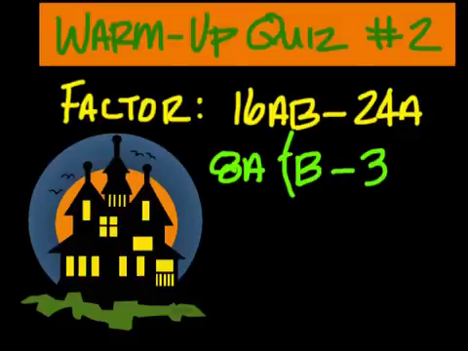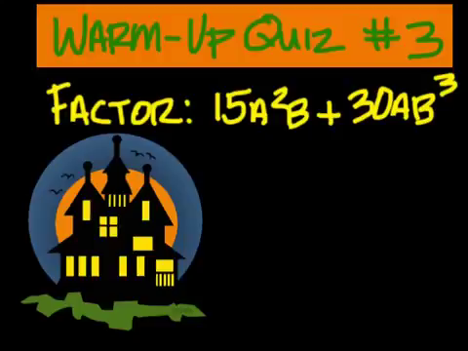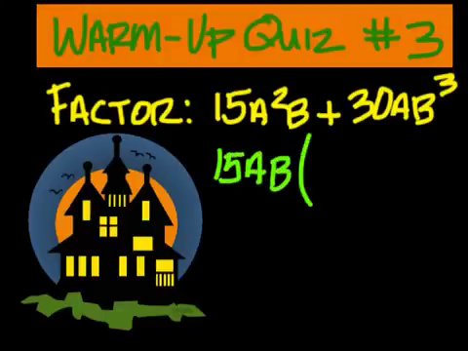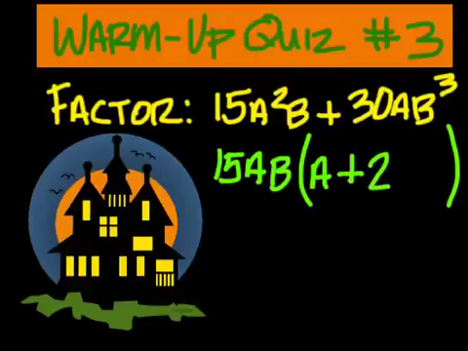Oh, 2b, my fault. Yeah, 2b. 2b minus 3. You can take out a total of 15ab from both of those and be left with a plus 2b squared.